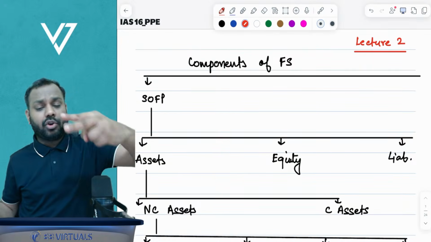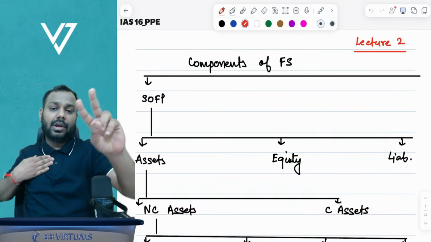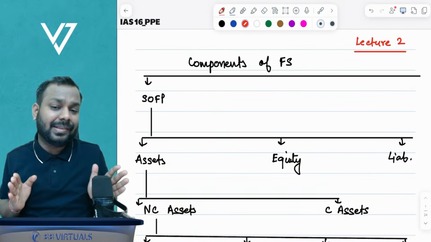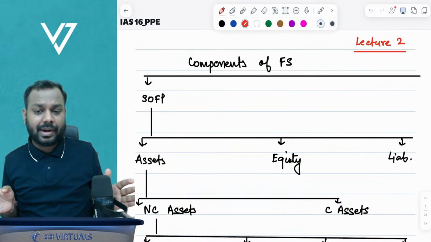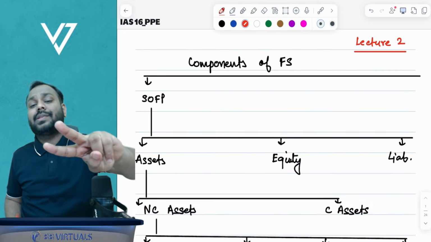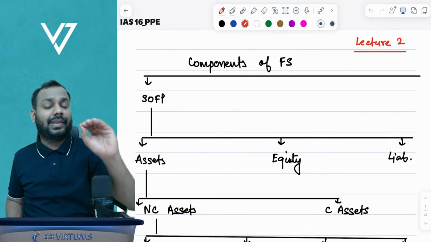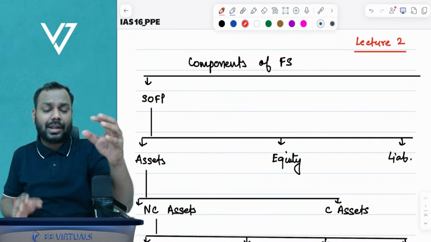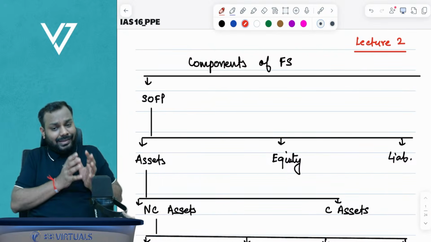One, economic benefits should flow to the entity, and two, cost can be measured reliably. If both the conditions are satisfied, then the property, plant and equipment will be recognized as an asset.